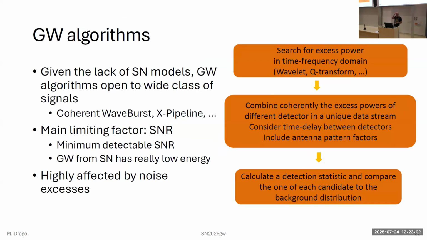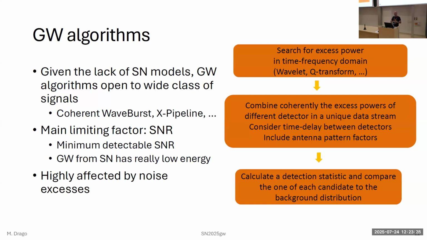And then just a short part: if we speak about supernovae, given the fact that we don't have exhaustive supernova models, we have to be open to algorithms that can detect whatever is consistent with gravitational waves. Examples are coherent WaveBurst, the X pipeline, and maybe BayesWave, though maybe it's not the updated stuff. What is the main limiting factor, particularly? The SNR.